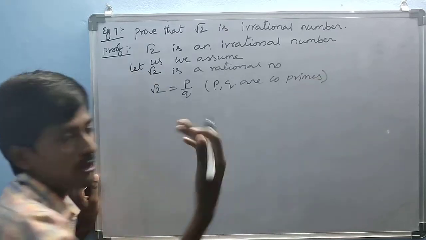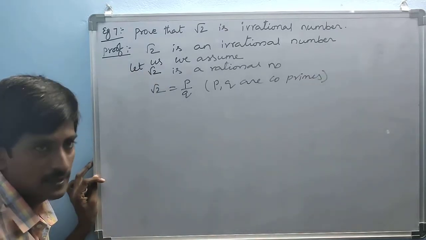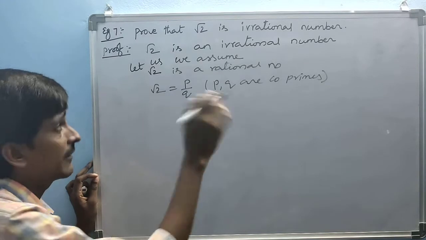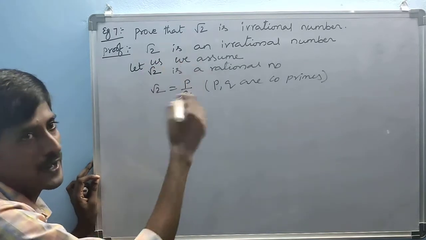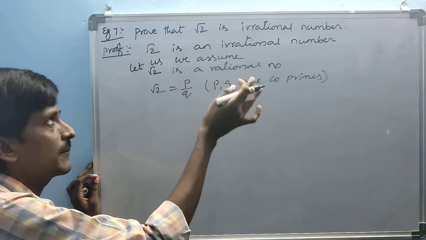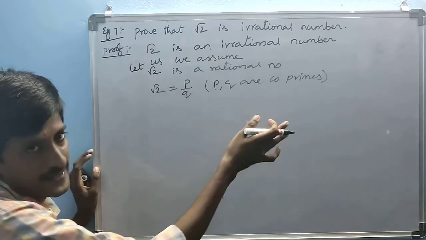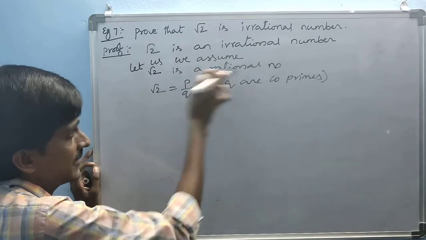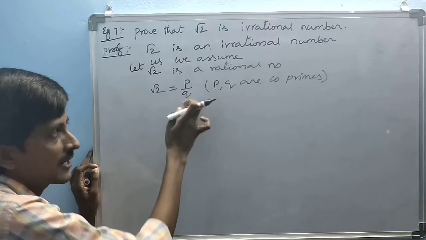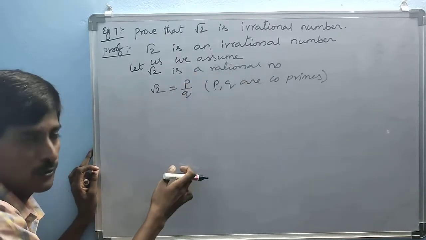Co-primes means there is no common factors. So for root 2, root 3, root 5, root 7, root 8, any number given, first you will take like this: root 2 equals p by q, as it is a rational number. The general form of a rational number is p by q.